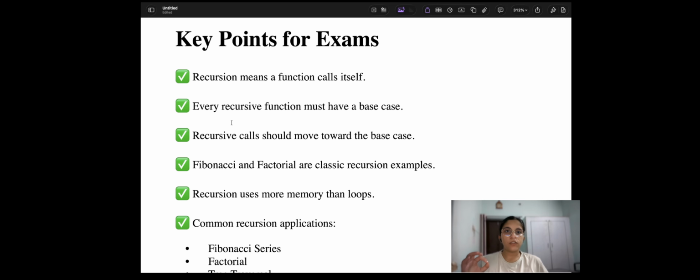That's the key feature. That's the key point. You have to keep it in your mind. Every recursive function must have a base case. The recursive call should move toward the base case. If this is the base case and this is the recursive case, then the recursive case needs to be in level with the base case at any condition.